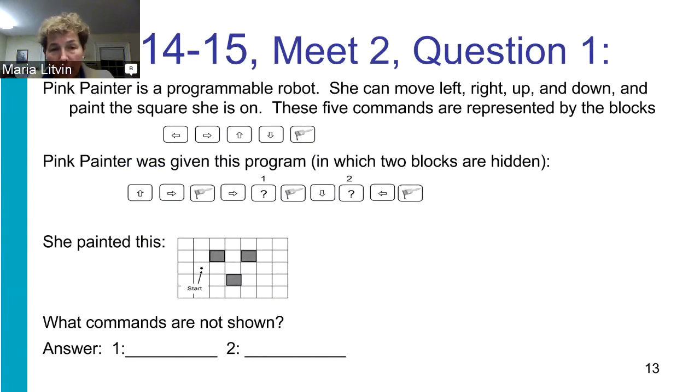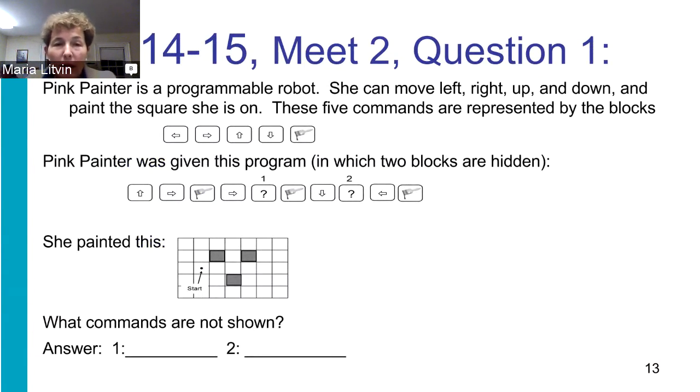As you see, in the program that is written, there are a couple of question marks. Students starting at the start position have to figure out that if they go up and then to the right, then they paint. And at some point you see question marks, and they need to figure out what operation, what command goes there. So it is accessible for them.